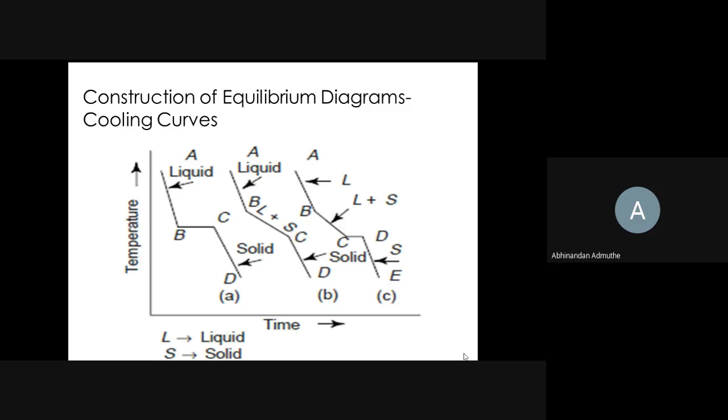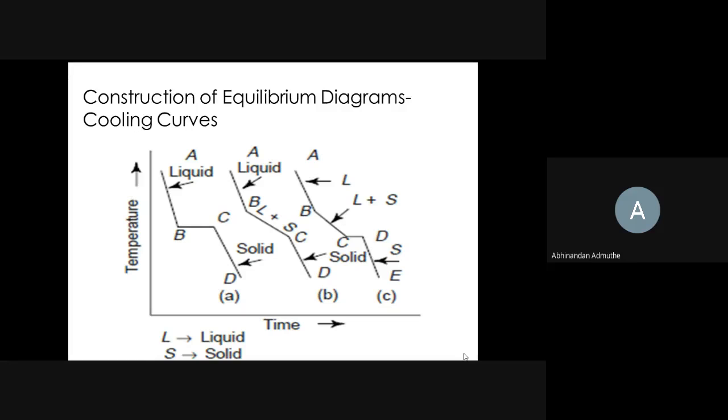Now in this particular situation, we need to record the different temperatures at different time periods. So we will make two columns. The first is the time and the second one is the temperature. For every 1 minute interval, we will record the temperature drop of the alloy.